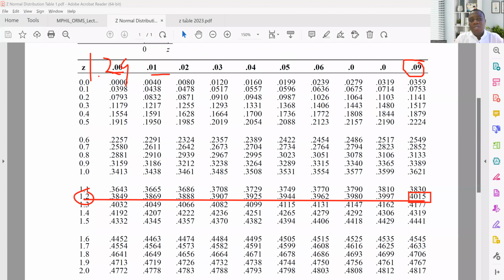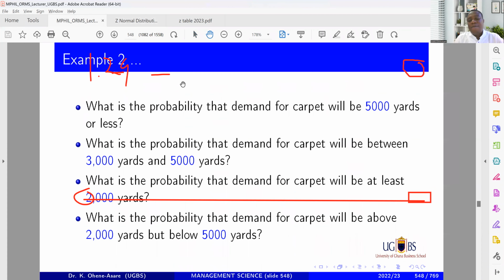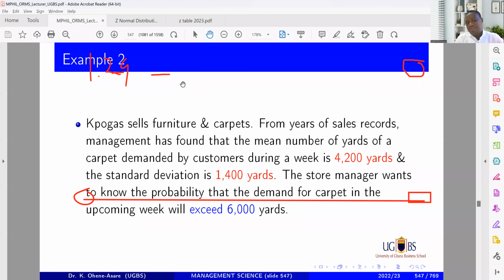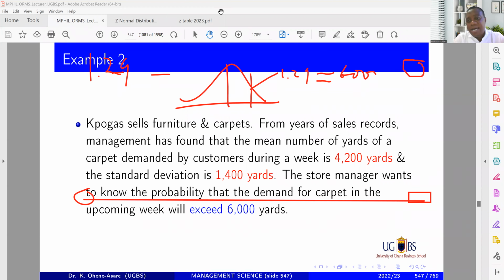According to what we are doing, that value is going to be the area before the 6,000. Remember, this 1.29 corresponds to the 6,000 yards, and we are looking for the area above it.